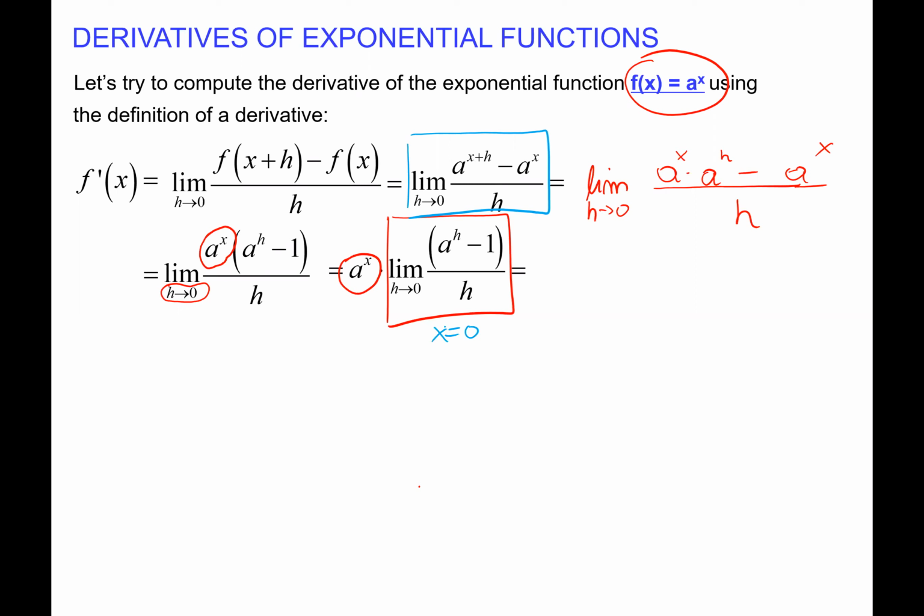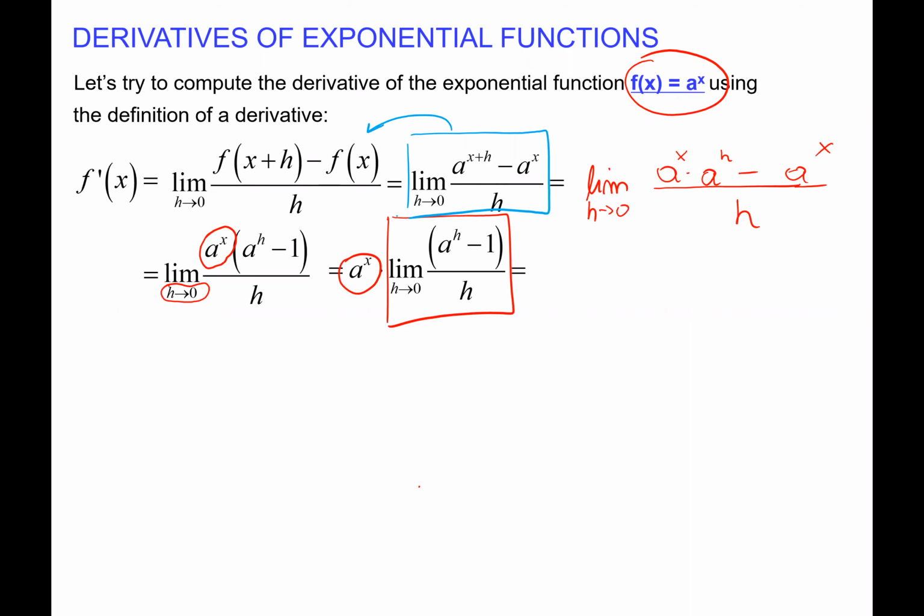And again, the blue box is simply the derivative of the function a to the x. That's where we get some interesting things. Of course, you don't have to know all of these steps. You just have to know the final thing, which means the formula for the derivative of the exponential function.